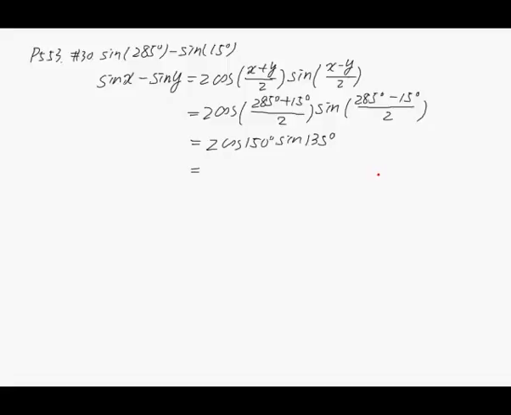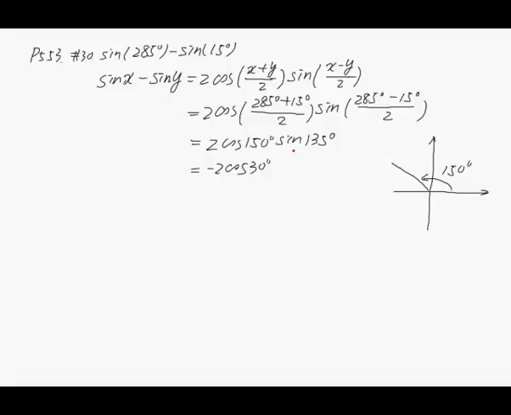In quadrant 2 it is negative. So this is 150 degrees, and in quadrant 2, cosine is negative. So you have negative 2 times cosine 30 degrees.